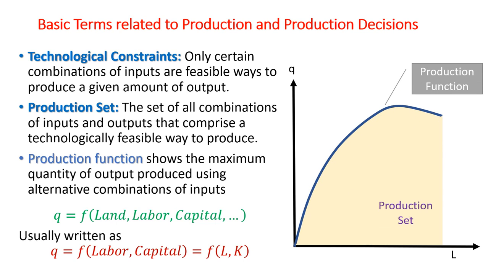Here, the line which is given the name of production function represents the maximum quantity of output that can be produced from given inputs. However, it is also possible to produce a lesser quantity of output with the same set of inputs. Therefore, all these quantities that are possible to be produced are part of the production set, whereas the production function represents only the maximum quantity of output.